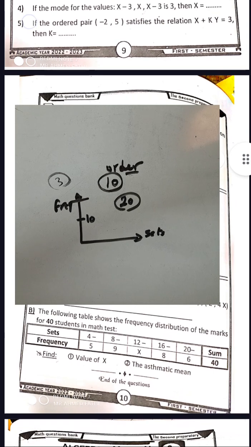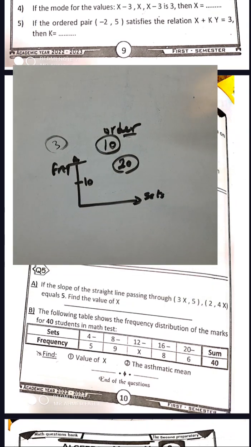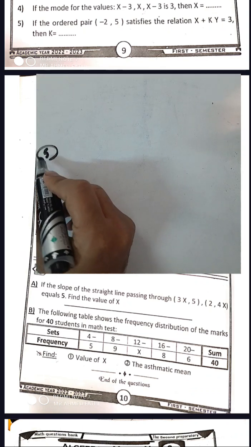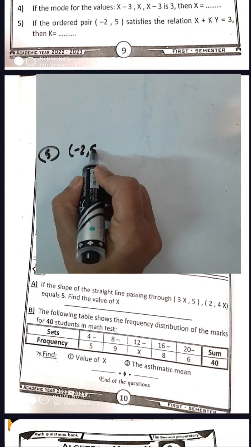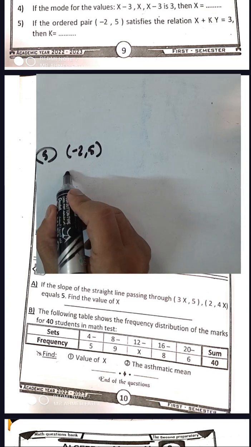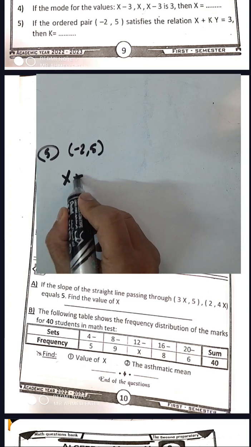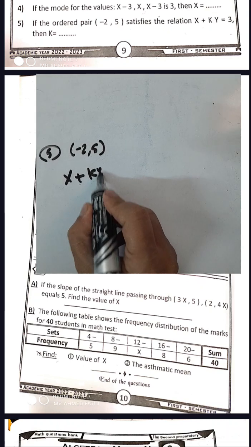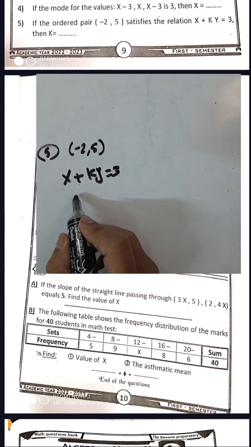Next question, number 4. If the ordered pair (-2, 5) satisfies the relation, this equation x plus ky equals 3, we want to find the value of k.